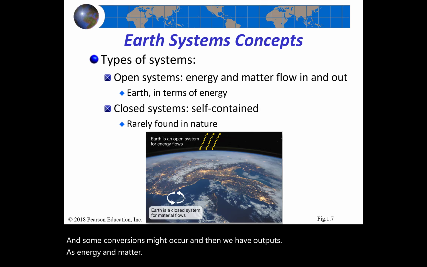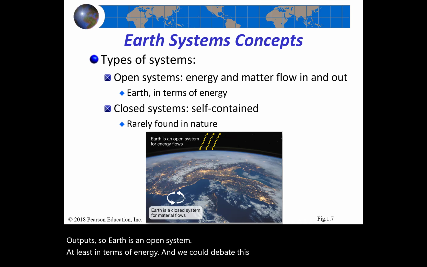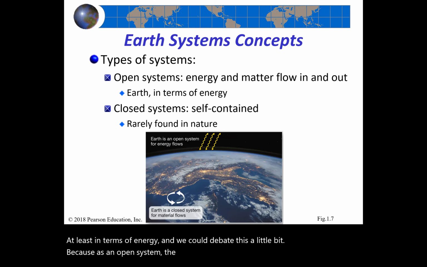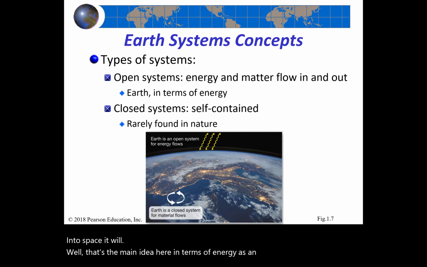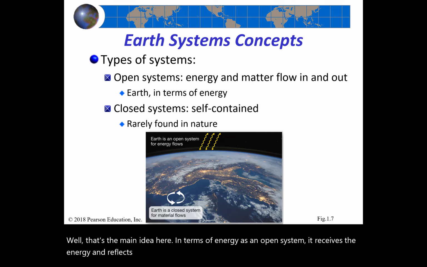So Earth is an open system, at least in terms of energy. And we could debate this a little bit. As an open system, the Earth certainly receives solar energy, and it will reflect heat energy back out into space. That's the main idea here in terms of energy: it receives the energy and reflects it back out to space.